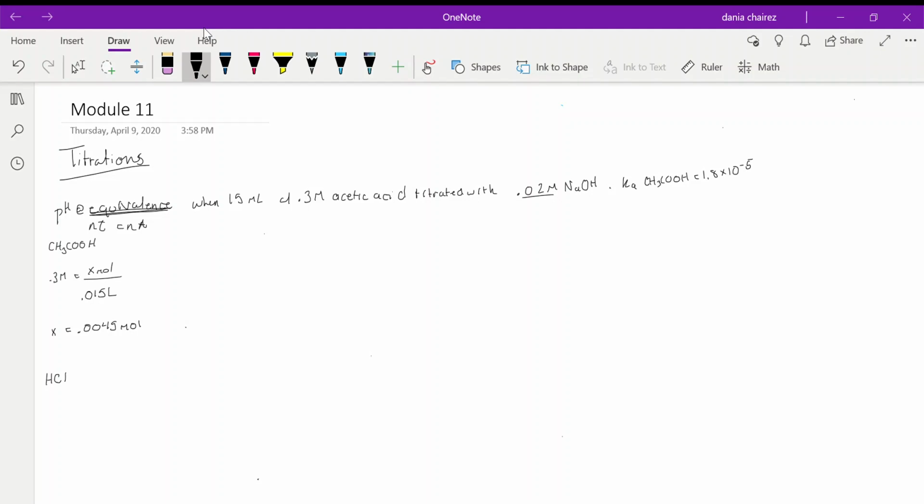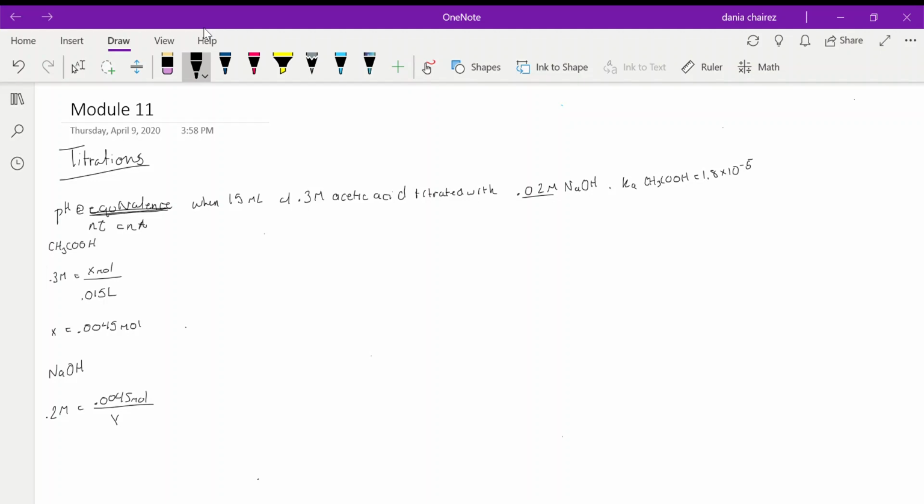So if we have 0.0045 moles of acetic acid, that means that we're going to have 0.0045 moles, not hydrochloric acid, my bad, of sodium hydroxide. Yeah, you have to have a base and an acid. That's my bad, guys.